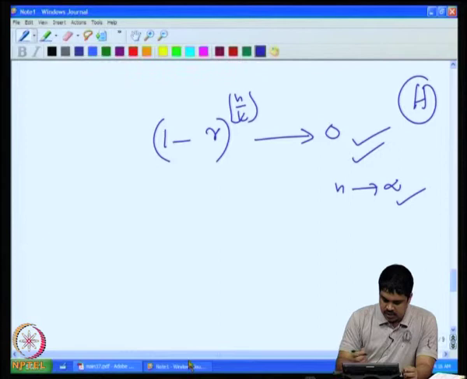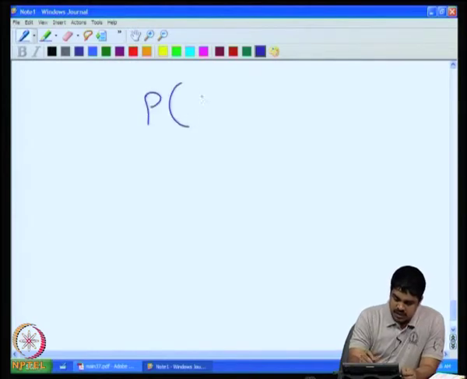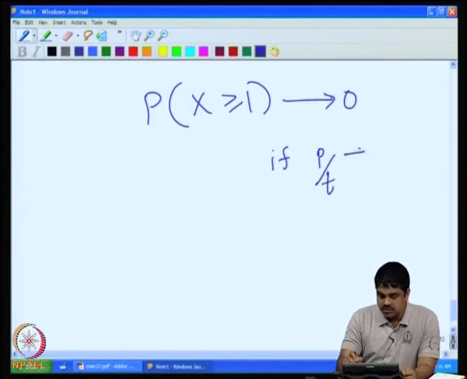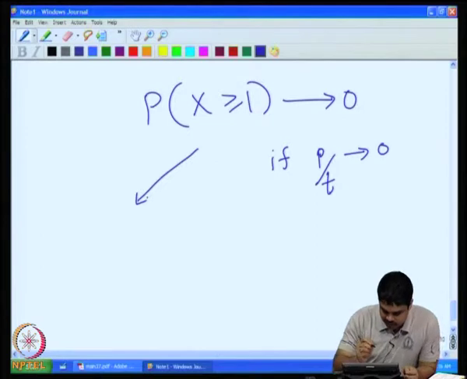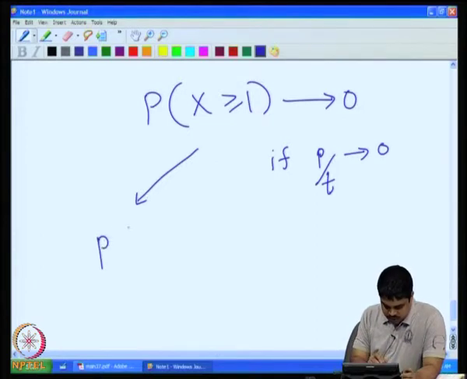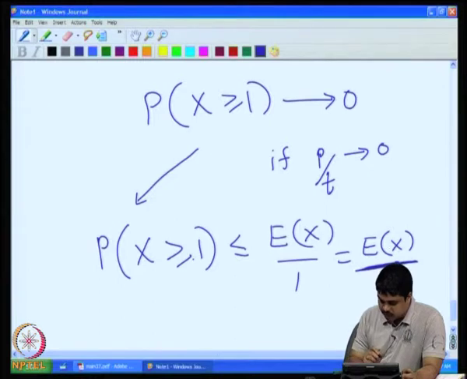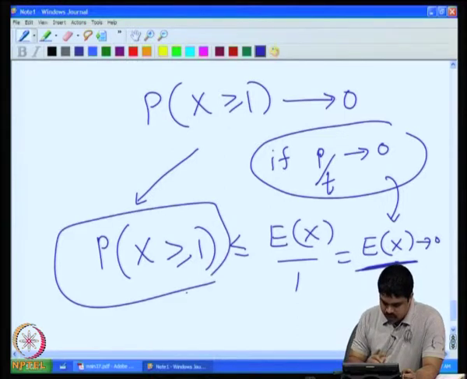So, to repeat what we have said: when we want to consider the case that the probability of X greater than or equal to 1 tends to 0 if p is such that p by t tends to 0, that means p is below threshold, then one technique, if at all it works, is to make use of the Markov inequality, because this is less than or equal to the expectation of X. Since the expectation of X gives an upper bound, you try to prove that it tends to 0, and then this will tend to 0 as well.